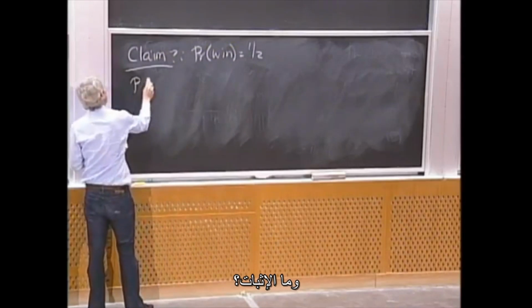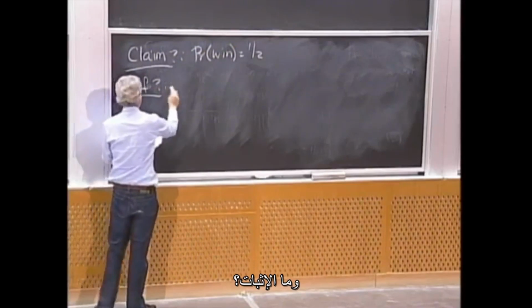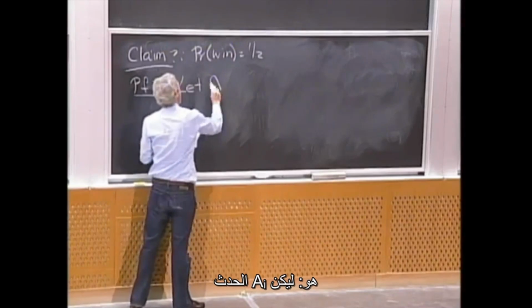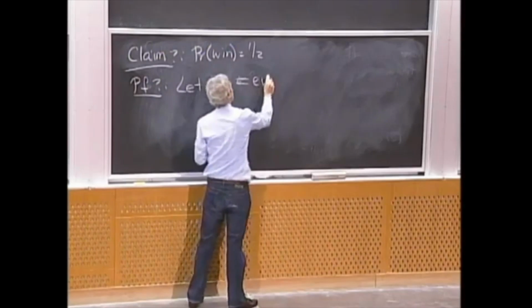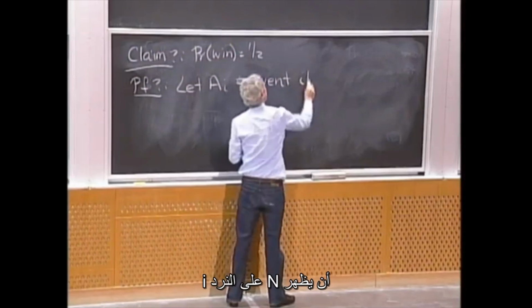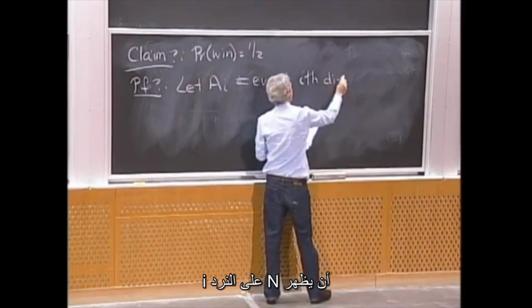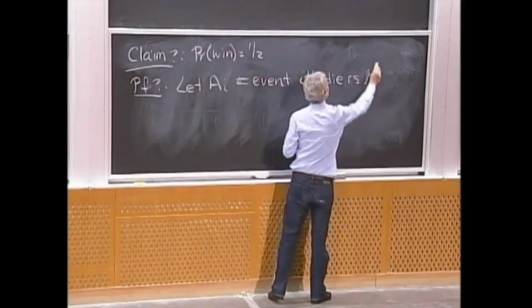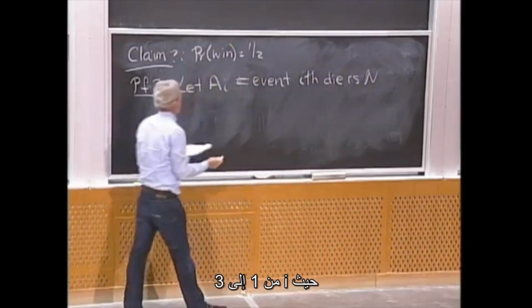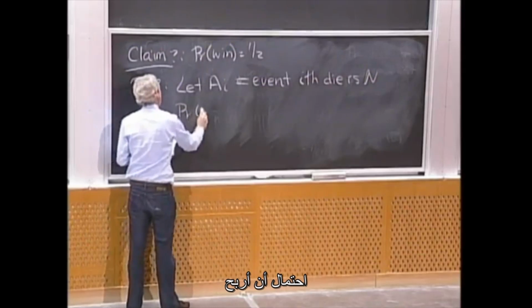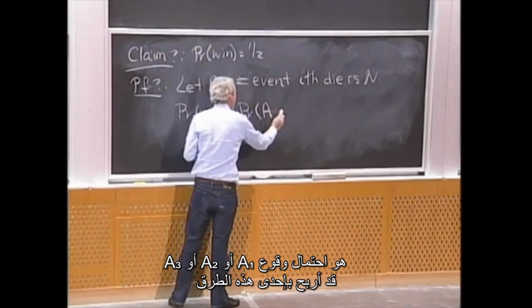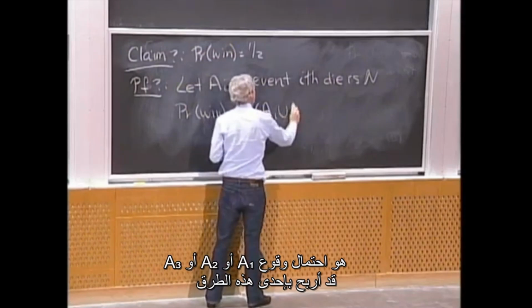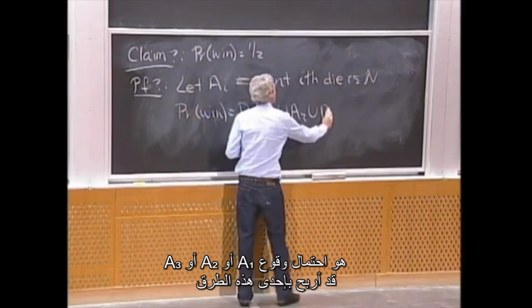And the proof, question mark, is you let Ai be the event that the ith die comes up n. And i goes from 1 to 3 here. So then you say, okay, the probability I win is the probability of A1, I can win that way, or A2, or A3.